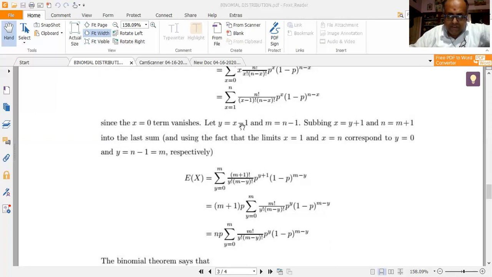So x is equal to y plus 1, that's why p to the power of x gets replaced by p to the power of y plus 1 here. 1 minus p whole to the power of n minus x. So n is getting replaced by m plus 1, and x is getting replaced by y plus 1. So plus 1 minus 1 gets cancelled, and this n minus x gets replaced by m minus y. It's just algebraic manipulation. Okay, next.